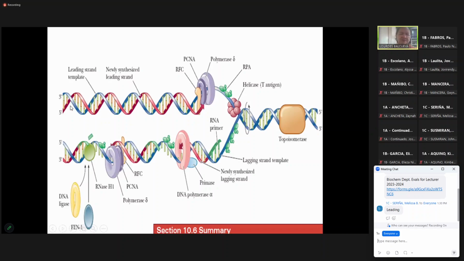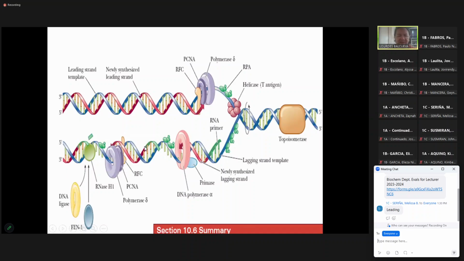Okay? So palagi yan, for every Okazaki fragment, you have primase muna, then polymerase alpha, followed by the polymerase delta. Okay? For the rest of the nucleotides, the rest of the DNAs are synthesized.